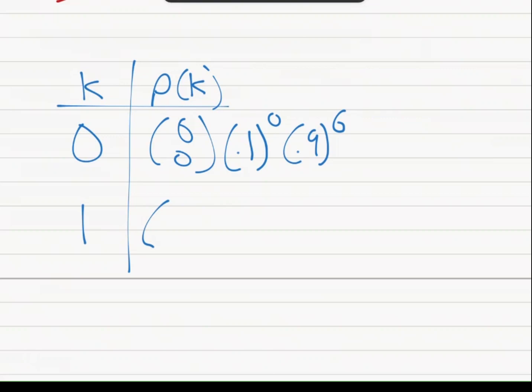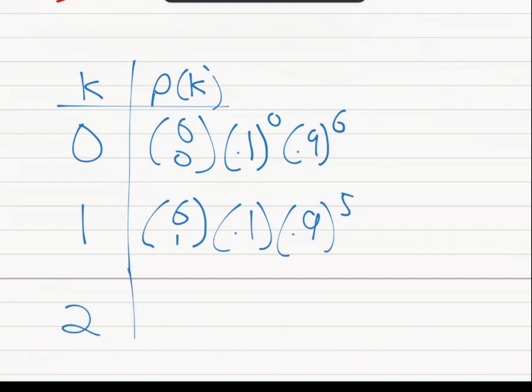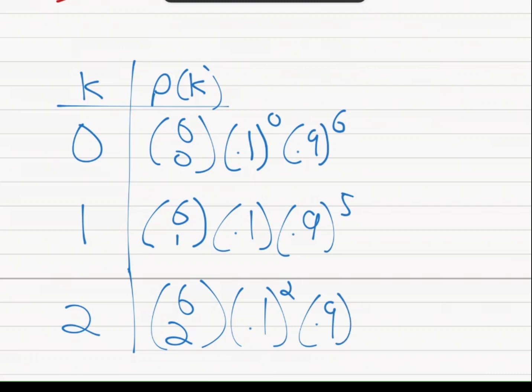The next term we have 6 choose 1 successes. So I have 0.1 to the 1st power times 0.9 to the 5th power. And for 2 successes, we would have 6 choose 2 times 0.1 squared times 0.9 to the 4th.